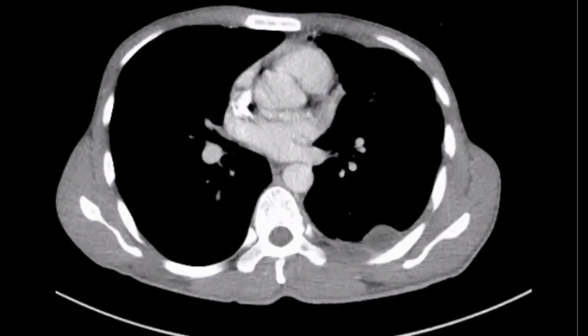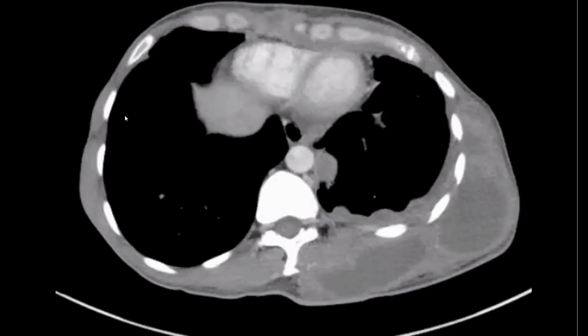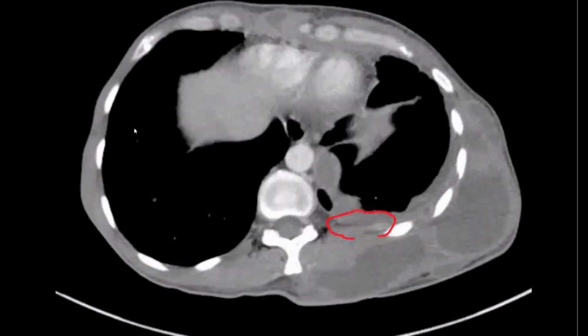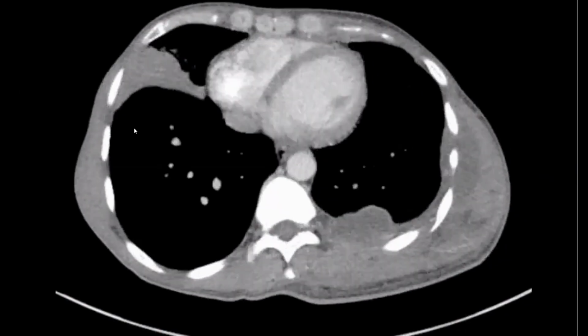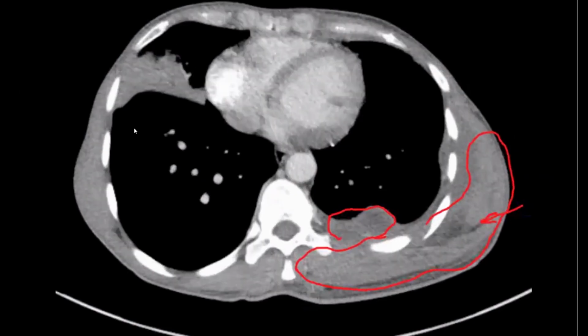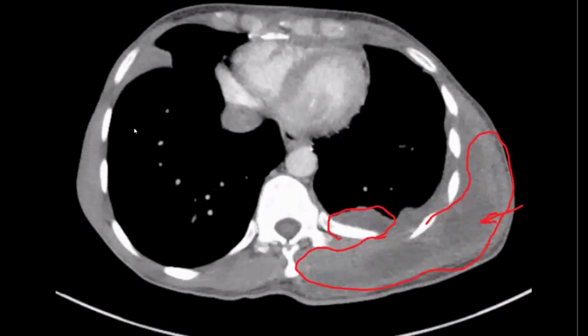And if we review again the pleura, this one is a pleural collection, and the pleural collection is continuous with the posterior chest wall collections. So this can be spread from the pleural disease into the chest wall, making a cold abscess, as we saw before in one of our previous cases.